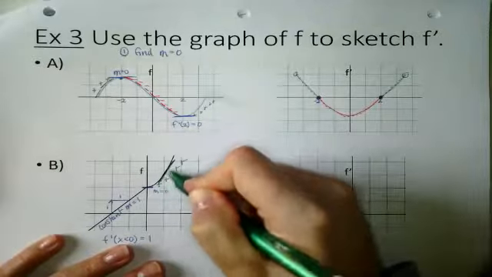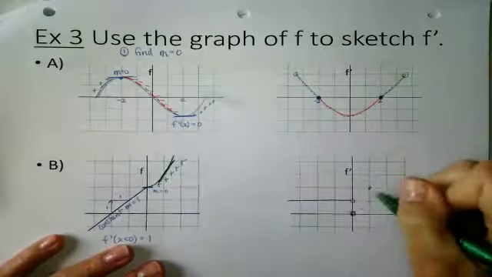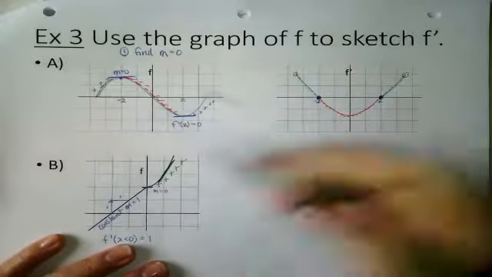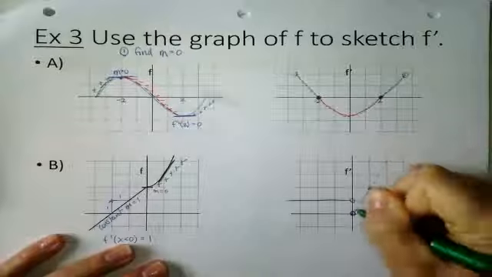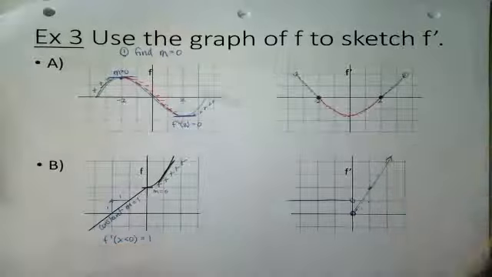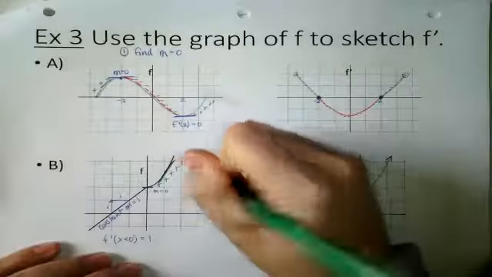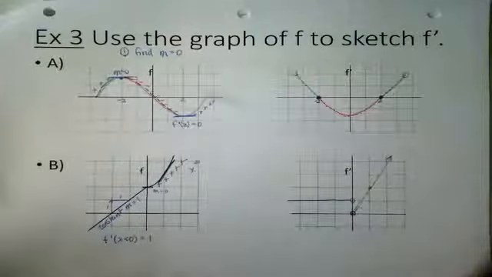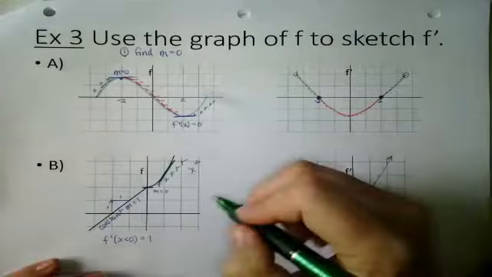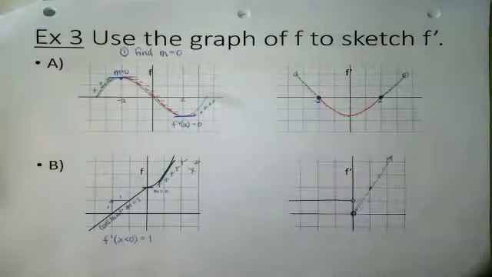Maybe that's a slope of 2. That's pretty steep. So I'm guessing that it's sort of this linear shape. If we were thinking this was x squared, then if I took the derivative, it would be a slope of 2x. So that's sort of my reasoning.